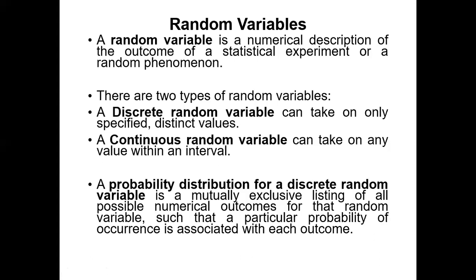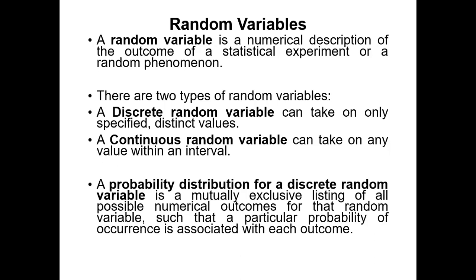So it cannot happen that the number of cars that may have an accident will be 2.5 or maybe 3.7, because they are counted. One of the things you must know is that a discrete variable is counted. So a discrete random variable is just a numerical description of a statistical experiment in which that numerical description can only take a specific distinct value.